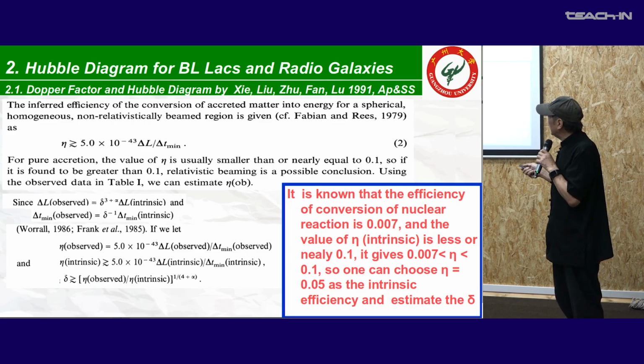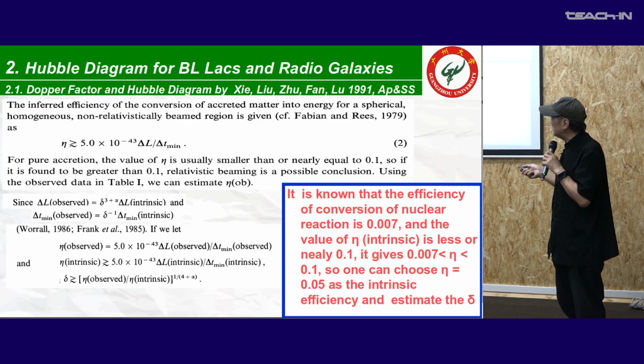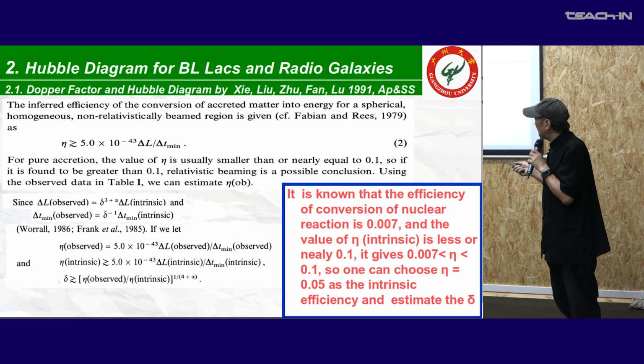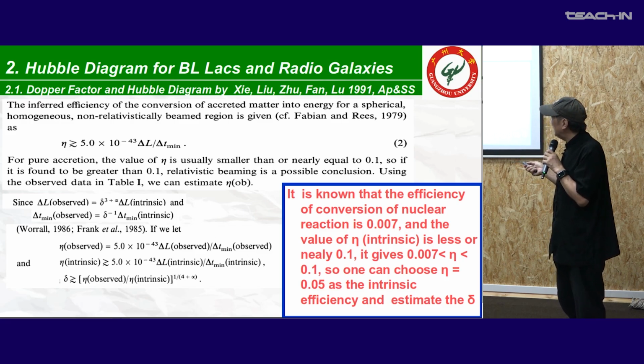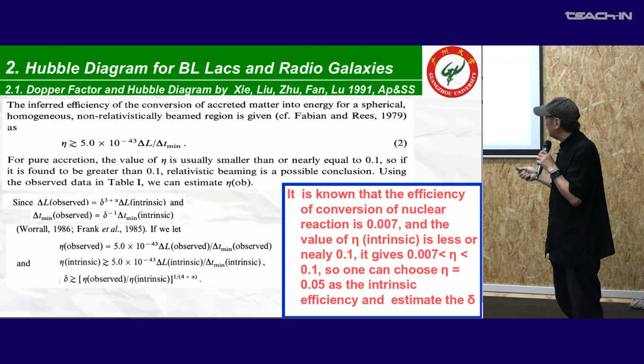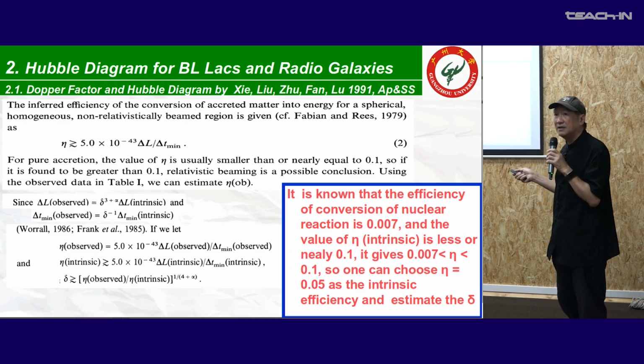So we can use this to get the observed eta, if we have the luminosity variation and the corresponding time. Also, if we use the intrinsic variation and the corresponding time, we can get the intrinsic eta.